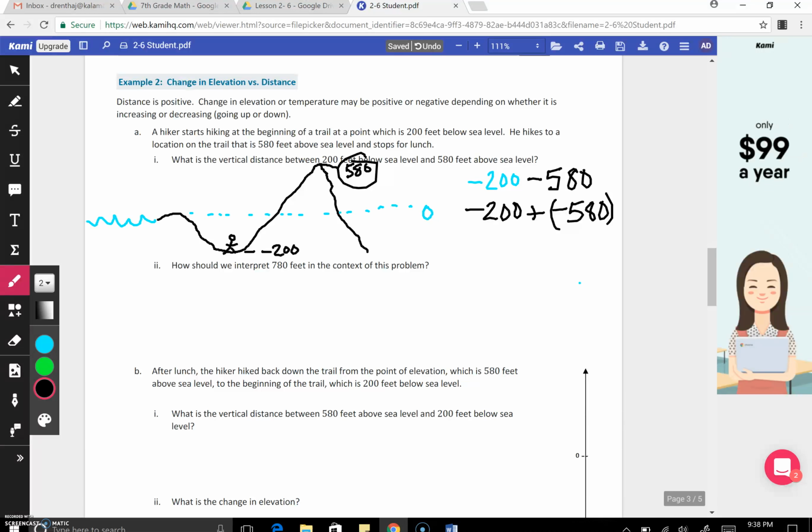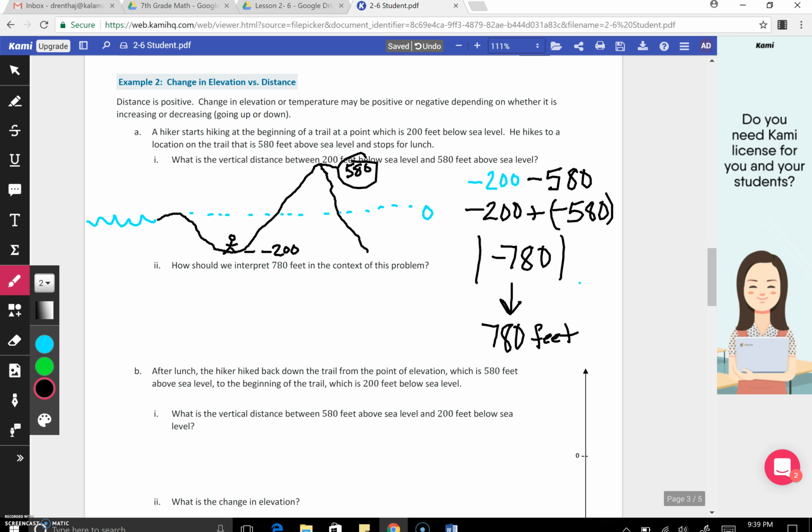So 200 plus 580 is 780. It comes out to be negative, but this is an absolute value because it's a distance. Okay, it's a distance he's traveling. So whenever something is written as absolute value, we're going to make it positive. And so 780 feet is the distance traveled, or the distance between where he is and where he's going.